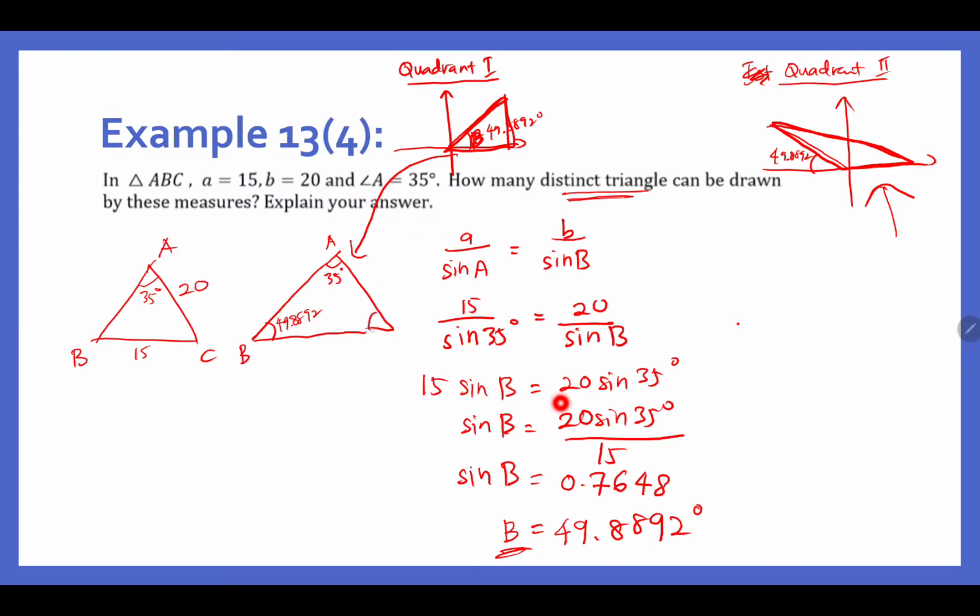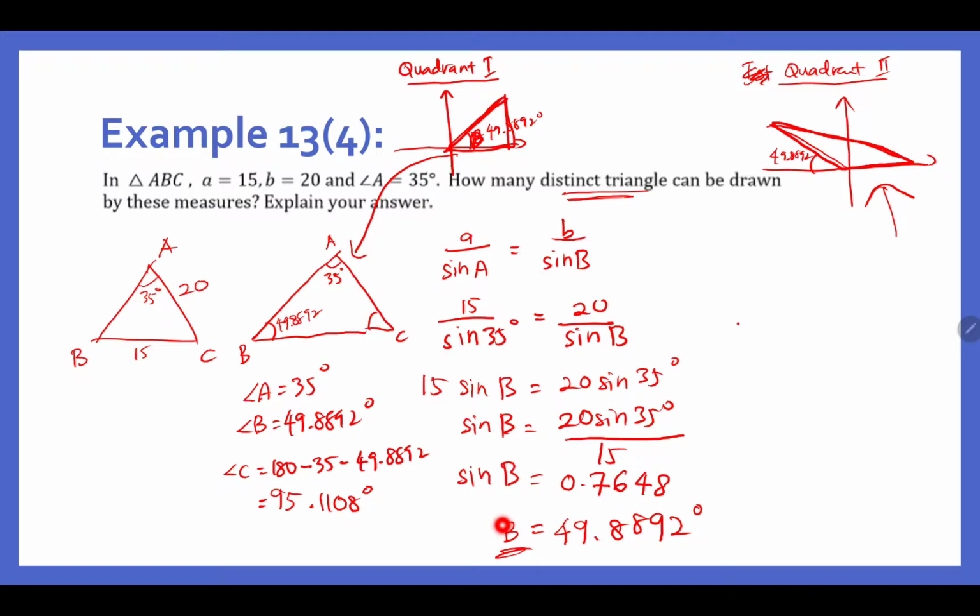So, kita boleh cari C. Untuk first quadrant, angle A equal 35, angle B equal 49.8892, and angle C equals 180 minus 35 minus 49.8892. So akan dapat angle C 95.1108.